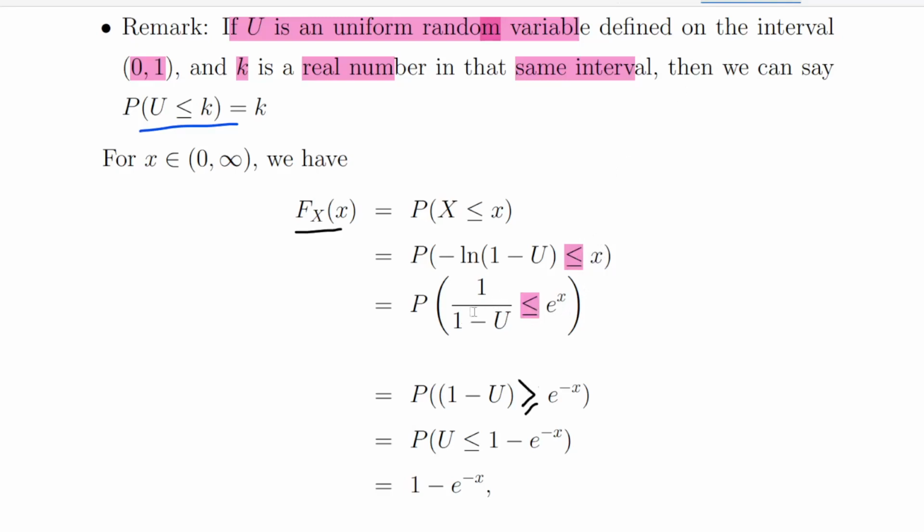If I want to exponentiate both sides, I can just do so. The exponential of minus log of 1 minus u is 1 over 1 minus u, and the exponential of x is simply the exponential of x. I go from here to here just by exponentiating both sides. Now I'm going to invert both sides, and I spotted that I should have changed the direction of the operator. So inverting both sides, I have 1 minus u greater than or equal to e to the minus x.